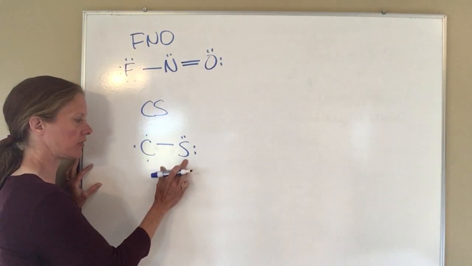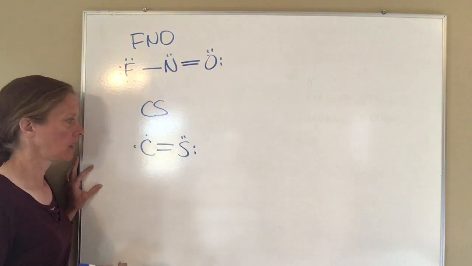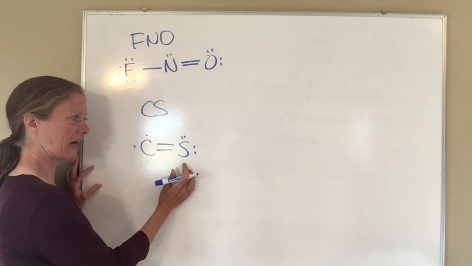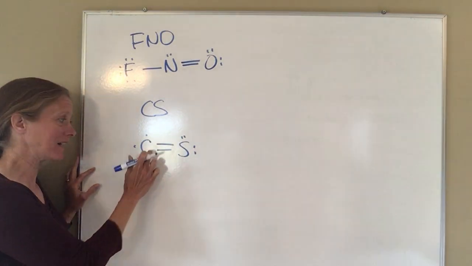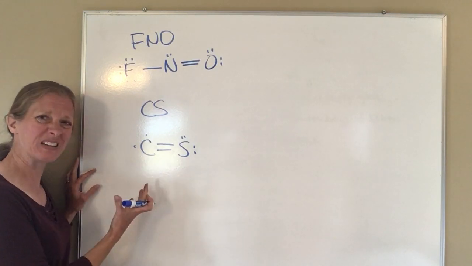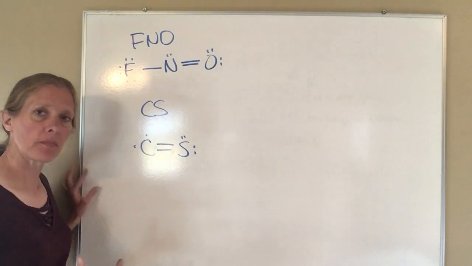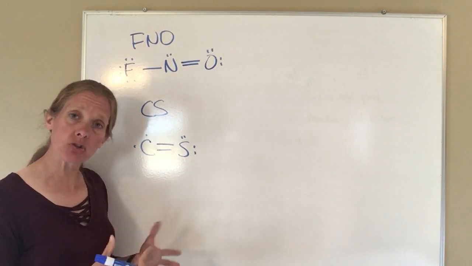So if I share these 2 electrons and do it that way, my sulfur is now satisfied, 2, 4, 6, 8, but my carbon is not, 2, 4, 5, 6. It's still short. So what am I going to do now? Well, in this case, we're quite lucky that on occasion, atoms can be quite generous.